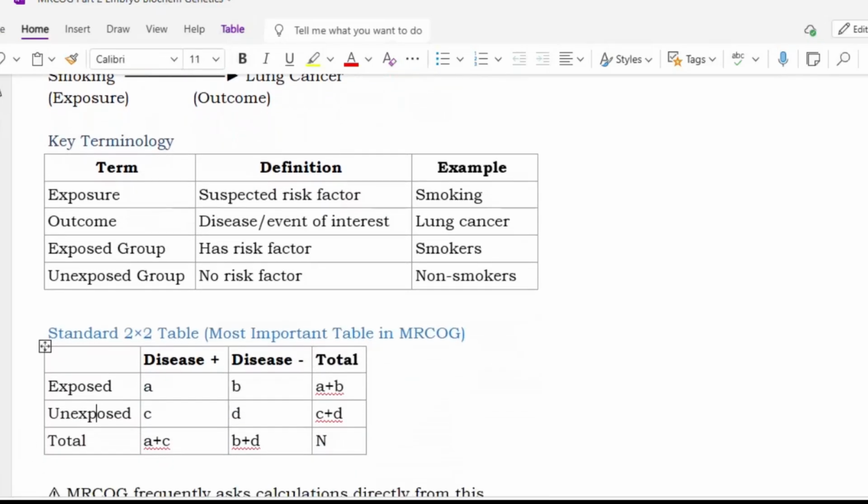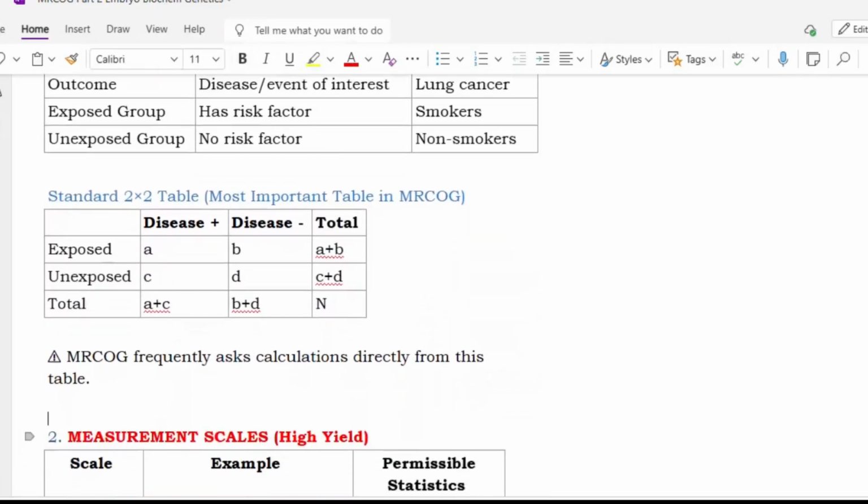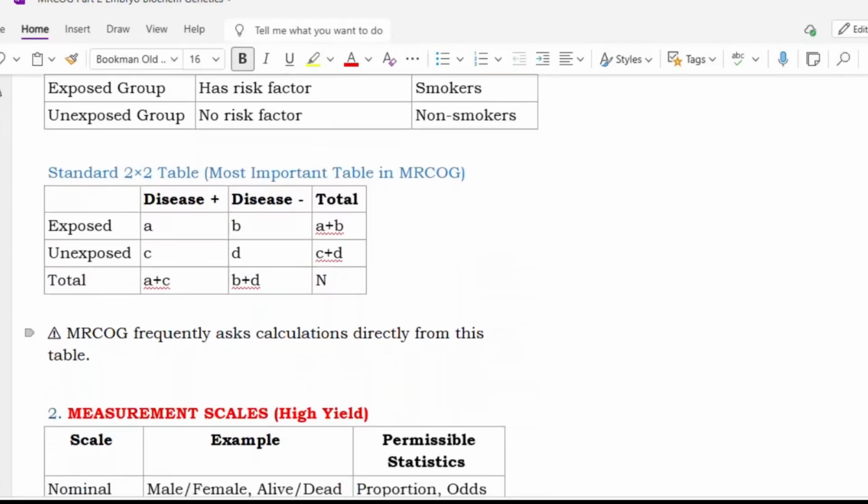And this is a very important 2 by 2 table which you have to understand very well. For this session and the other session on the screening test, please understand the 2 by 2 table well. In this 2 by 2 table, the disease is written at the top, while on the side you have the risk factor, whether the group is exposed or unexposed.